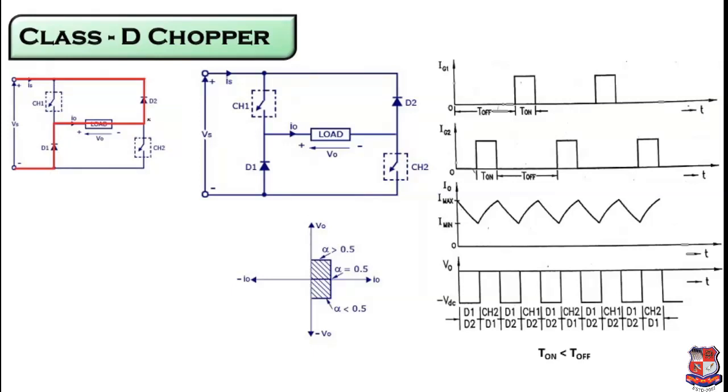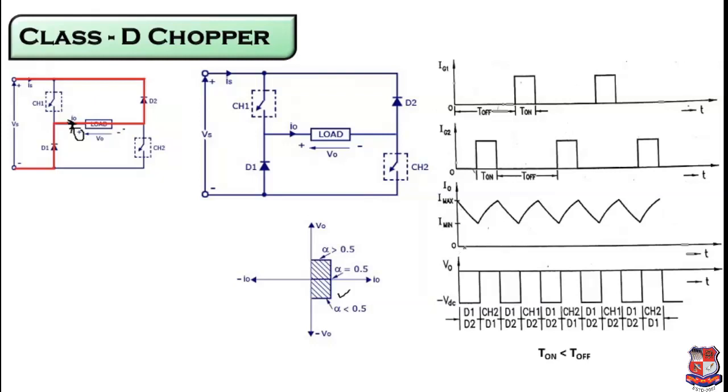So D1 and D2 turn on, which means output current should be from left to right, and that is happening. The output voltage will be negative because positive is connected to the negative terminal and negative is connected to the positive terminal. So output voltage is negative and current is positive. So we are operating in quadrant 4 operation.